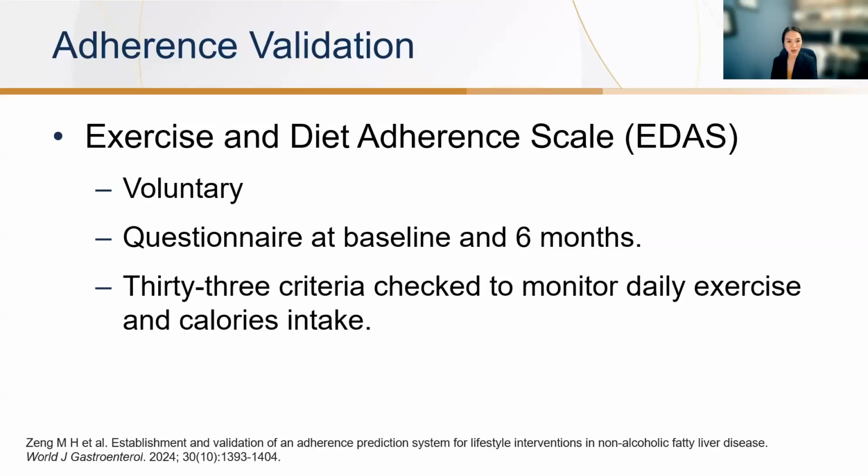The scale is called EDAS, the Exercise and Diet Adherence Scale. It is a voluntary questionnaire. While your MA is rooming the patient, you can have the patient fill it in. There are 33 criteria checked to monitor daily exercise and calorie intake.